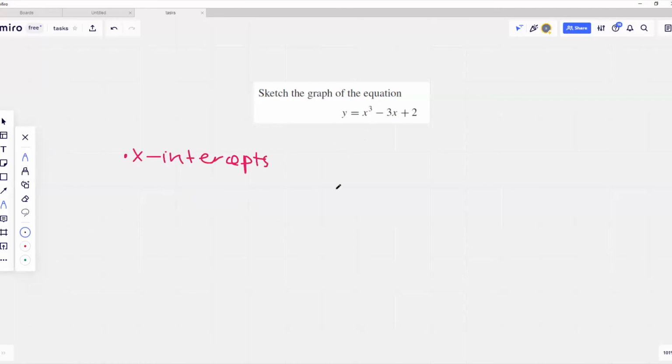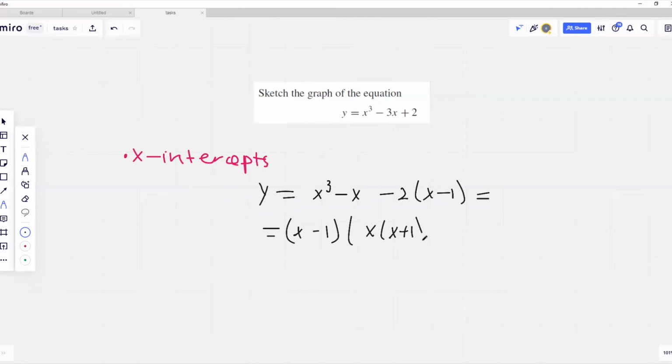So x-intercepts are given as follows. Let's try to factor this out. Let's write this down: x cubed minus x minus 2, x minus 1. Now let's factor out x minus 1, so we'll have x plus 1 minus 2.